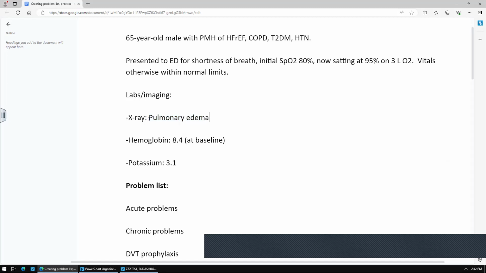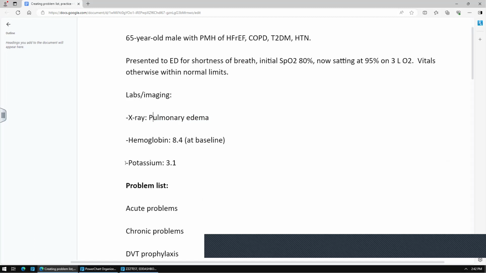And so the plan would be the exact same, like we're going to diurese the patient, and that should improve this. So we consolidate those, and that's not going to be a separate problem. If the patient was admitted for something else and this was an incidental finding, then that could be a separate problem. And then you would address why you think that's going on and what you're going to do about it.